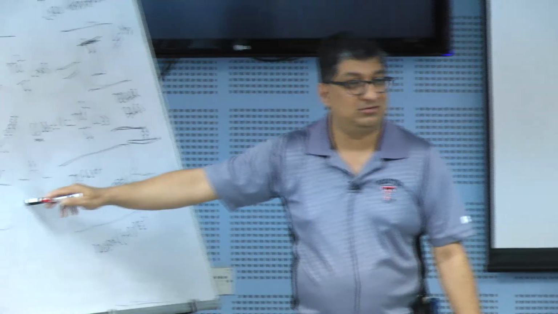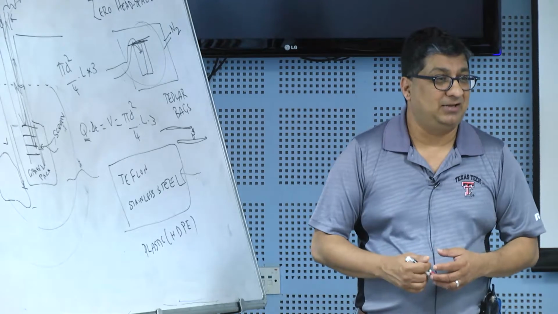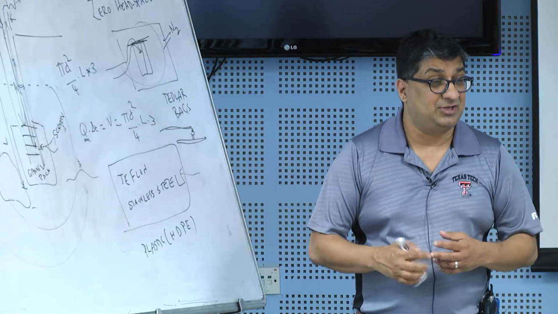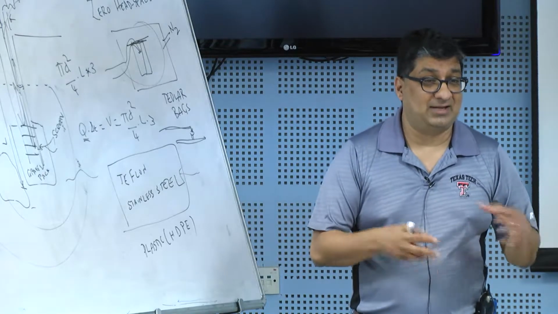So once we collect samples, the next thing we want to do is make sure that it is not exposed to the atmosphere, because we want to preserve what it looked like in the aquifer. So we tend to put them in ice chests, and we close it. We have what are called field blanks and trip blanks.